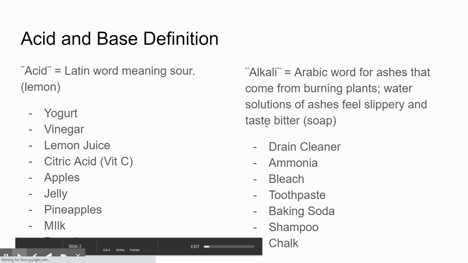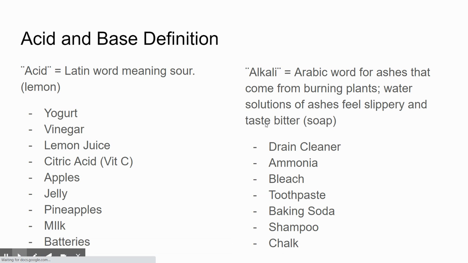Okay, so acid and bases definition. The actual word for acid means sour. It's also very much related to the Latin word for vinegar. Basically because before scientists got smart, they used to taste everything.